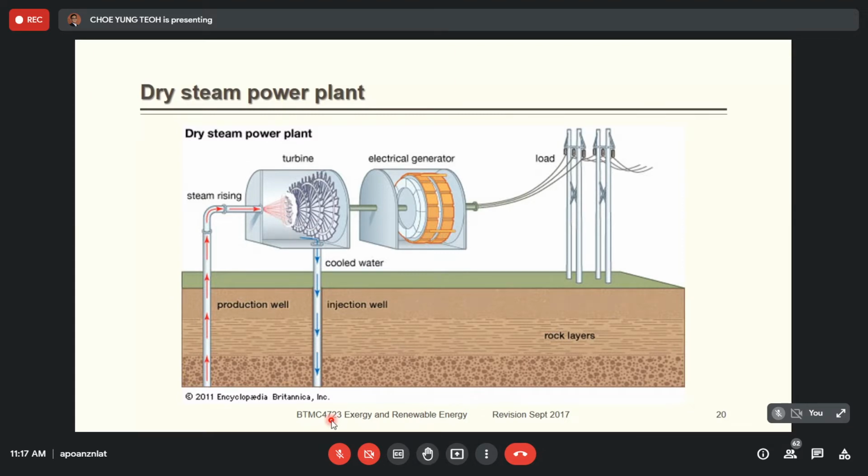The only problem is that this kind of resource is very rare. You are not always able to get it, at least not in Malaysia. We're not even able to have a dry steam power plant in Malaysia. I know it's a very good idea, but we don't have that kind of resource. The turbine then generates electricity through the electrical generator.